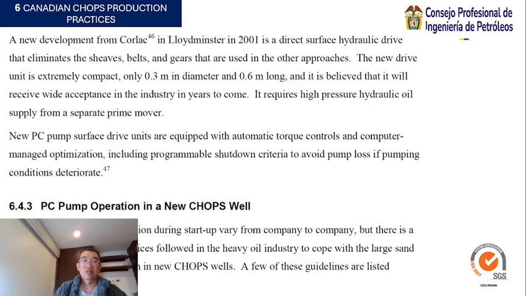The new drive unit is extremely compact, only 0.3 meter in diameter and 0.6 meter long, and it is believed that it will receive wide acceptance in the industry in years to come. It requires a high-pressure hydraulic oil supply from a separate prime mover.